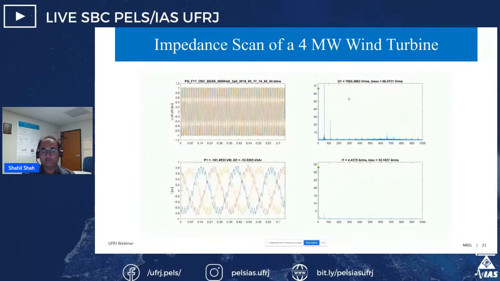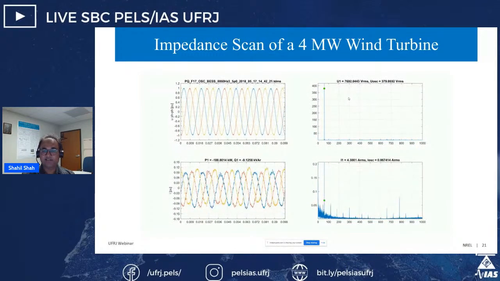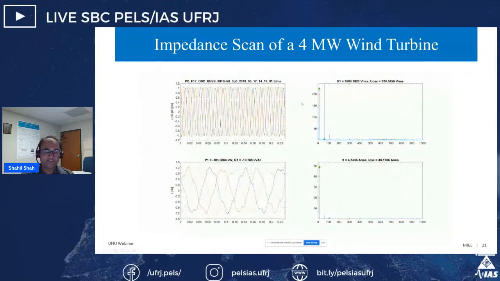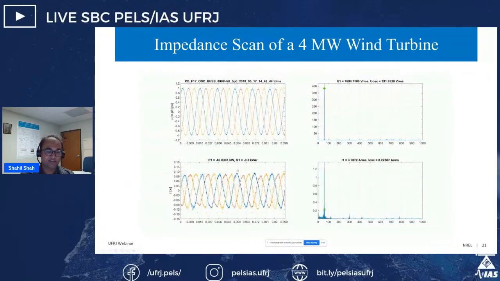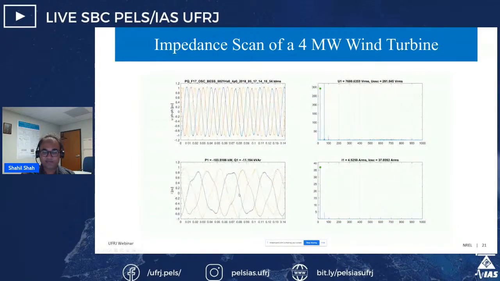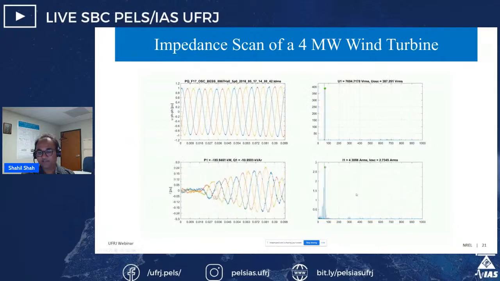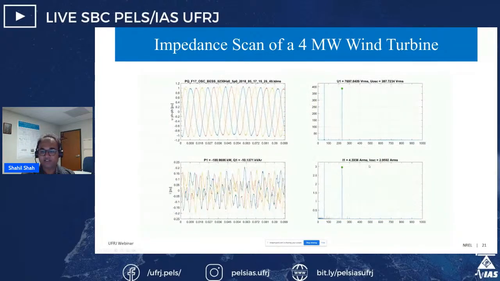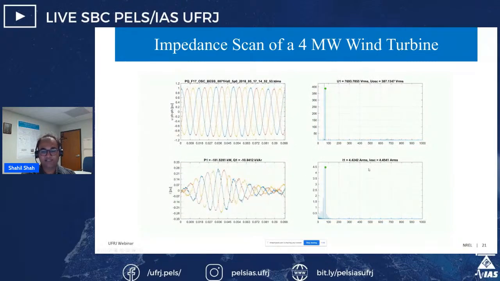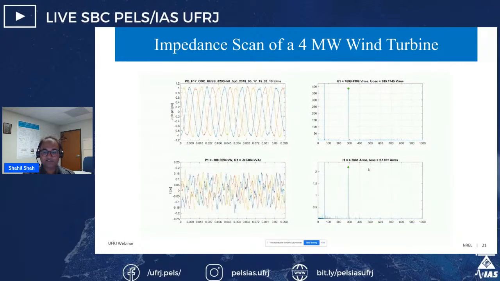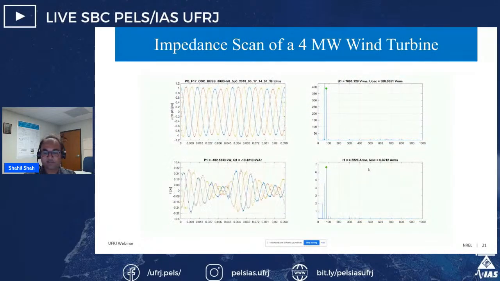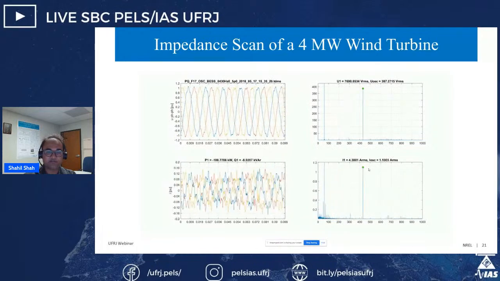This is accelerated, so we don't change perturbation frequency this fast, by the way. The bottom left is the current output from the 4 megawatt turbine with perturbations, and then bottom right is the FFT analysis of current. So the gain from voltage and current will give us impedance. This is how the scan is performed, either in the impedance measurement system that I talked about, or the PSCAD-based software tool.